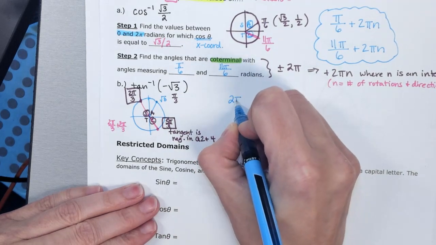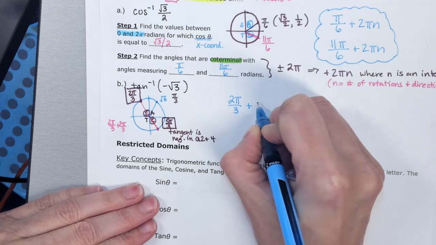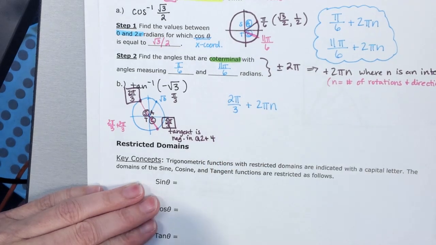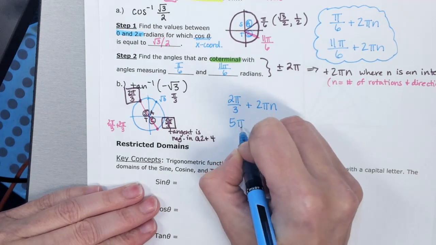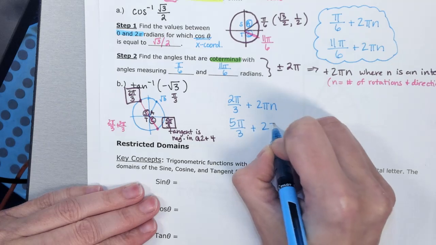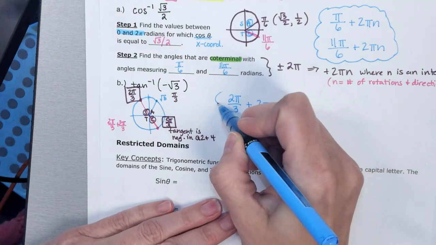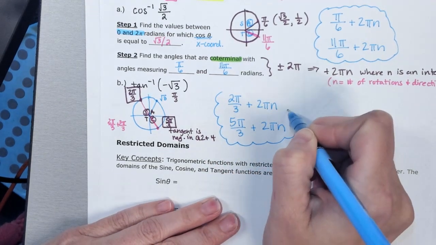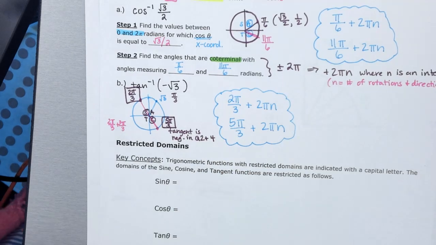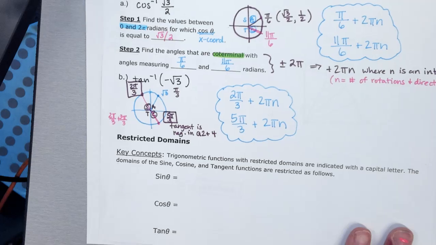So it's 2 pi over 3 plus 2 pi n, 5 pi over 3 plus 2 pi n. So most of these are going to have 2 answers, okay? Most of them will have 2 answers. Some of them will only have 1.